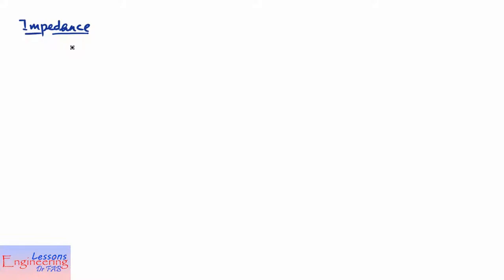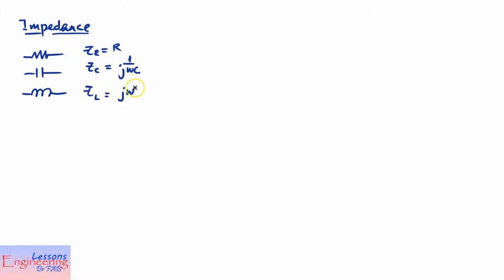We have the most common circuit elements: a resistor, a capacitor, and an inductor, and we've seen how these three components have resistance to current flow. In the case of a resistor, the impedance is R; in the case of a capacitor, it is 1 over j omega C; and in the case of an inductor, j omega L.